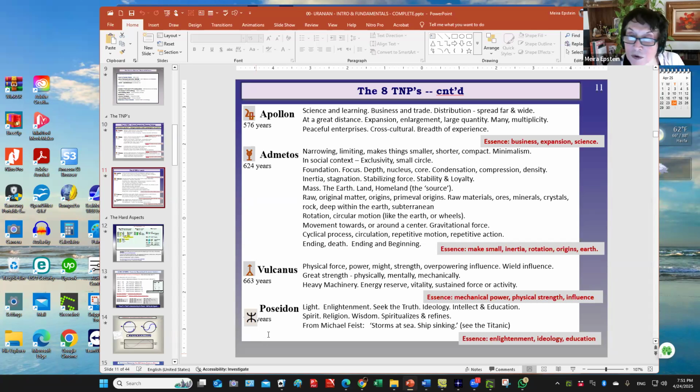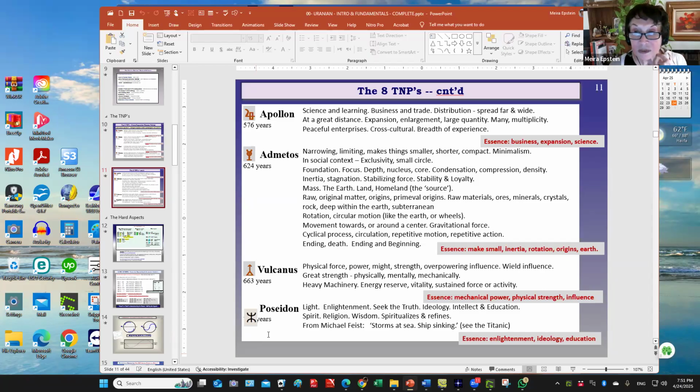Distribution spread far and wide, because the affinity is with Jupiter in the chart, with the traditional Jupiter. Are you with me? The association, the cross reference is with Jupiter, it's a Jupiterian element. And Jupiter really makes things big and large and international. So it has the quality of internationality, far and wide, spreading.